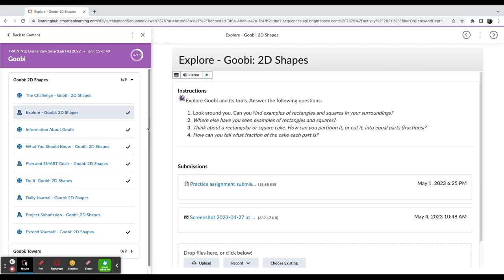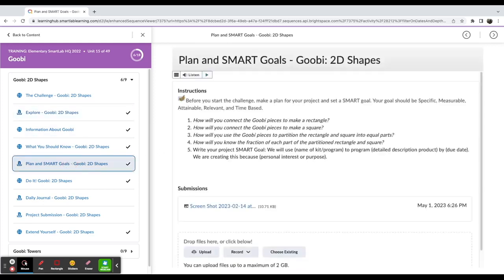When students submit their plan and SMART goal assignment, this can allow you to look at their SMART goal to make sure you understand what they have in mind for their project. Again, utilizing the plan and SMART goal assignment as a formative assessment to engage with students if they need to modify their SMART goal in any way before moving on to the do phase of the SmartLab learning process.